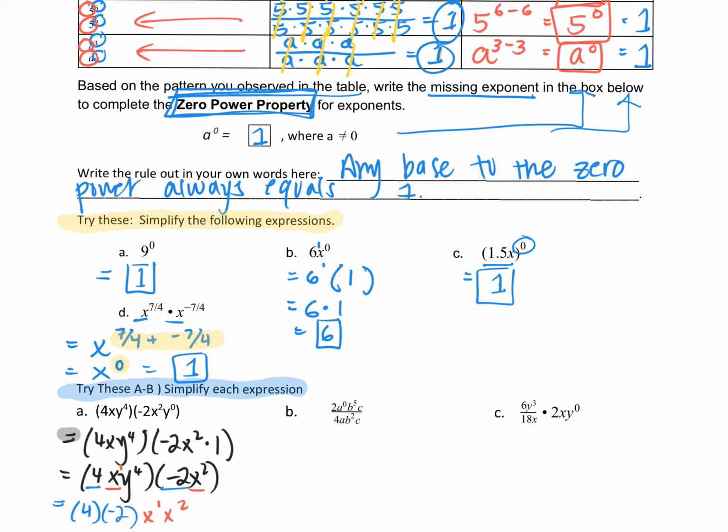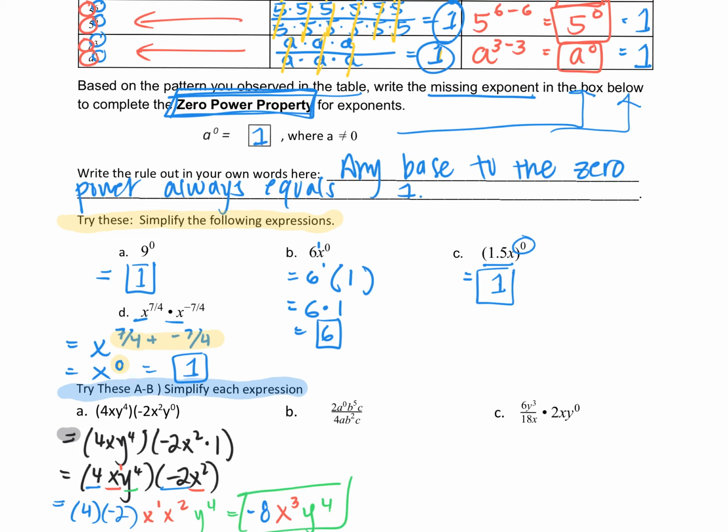And then finally I have that y to the 4th, and there's no other y anymore because that 0 went away. Negative 2 times 4, or 4 times negative 2 will give me negative 8. For x to the first and x squared, I can use the product rule. 1 plus 2 is 3. And then that y to the 4th will stay y to the 4th.